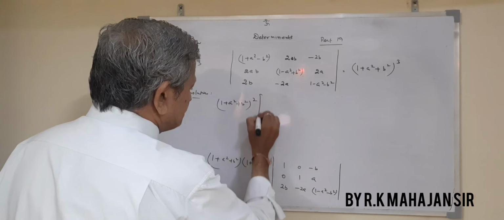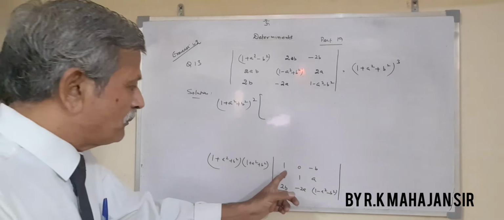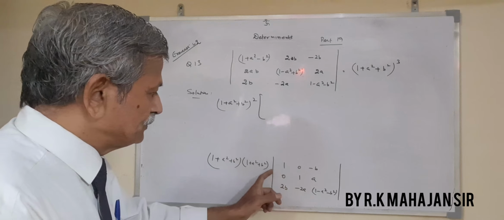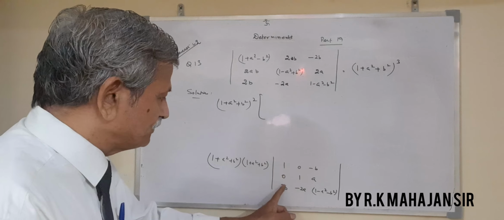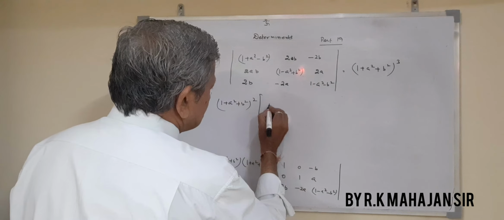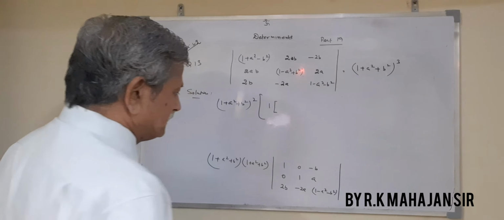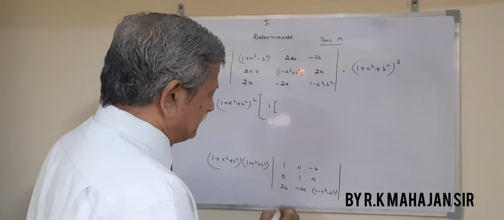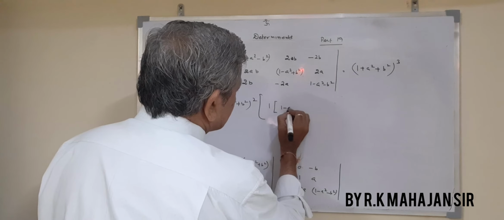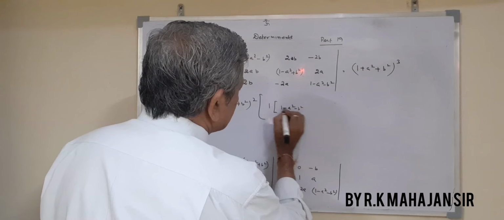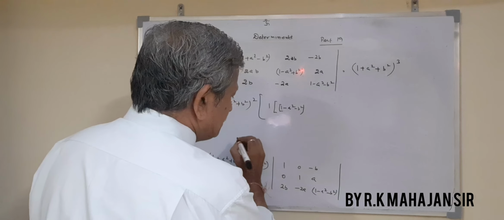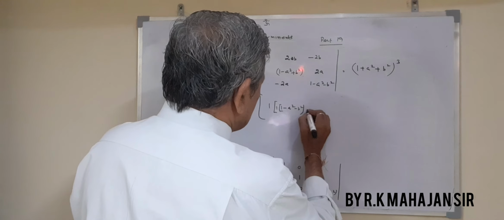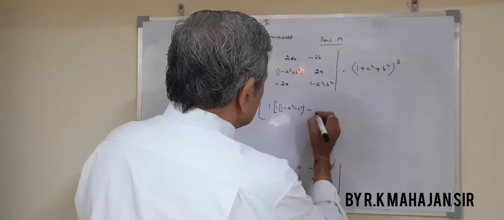And now we will solve this part by opening, cut this row and cut this column. If I use it to open this part, if I cut this one and this one, you would find 1 into 1 minus a square minus b square, with multiplication of 1, and with minus sign of your a into 2a.